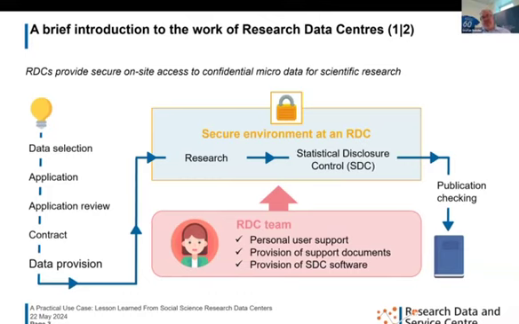Researchers, in our case, want to have access to our sensitive data, and they have to select our data. As we already heard, there should be a good description of the data, fantastic metadata. They then write an application.